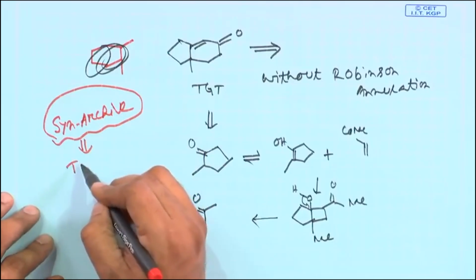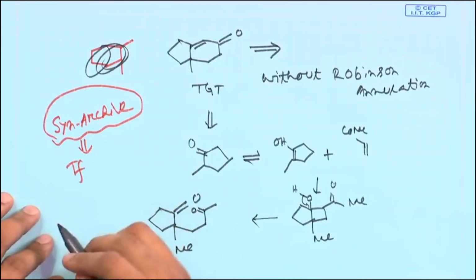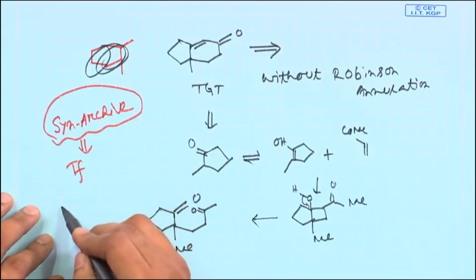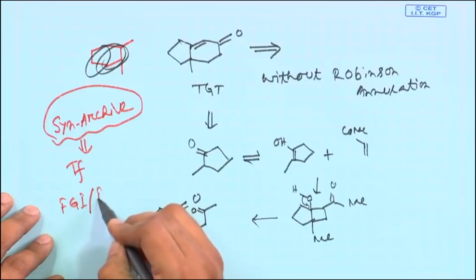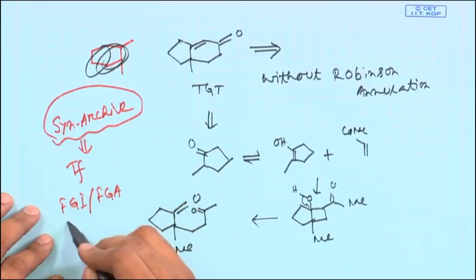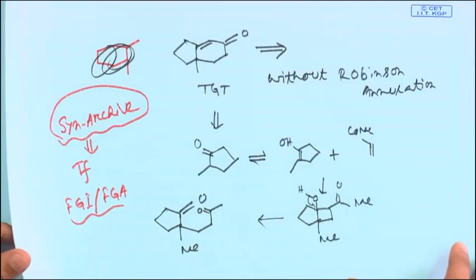The more you are familiar with several transformations, the more you can play with those transformations for functional group interconversion, functional group addition, all those things, and put your efforts to solve those problems, and that will be really helpful.